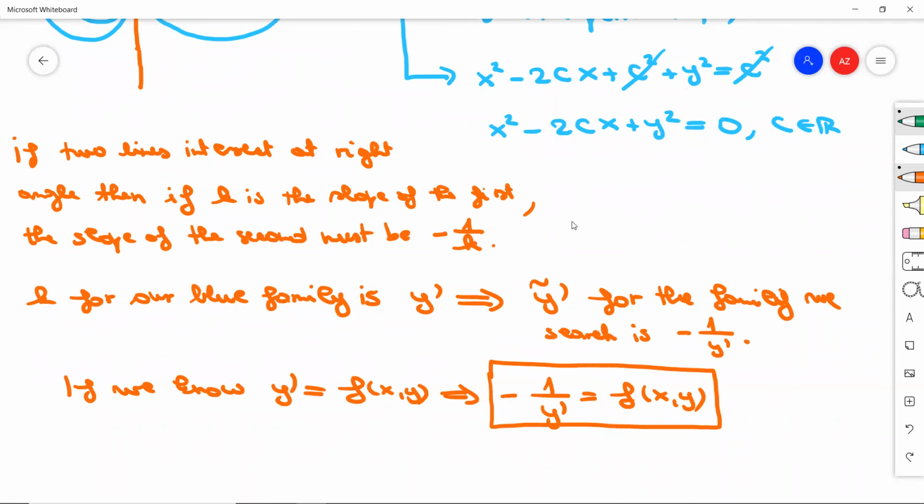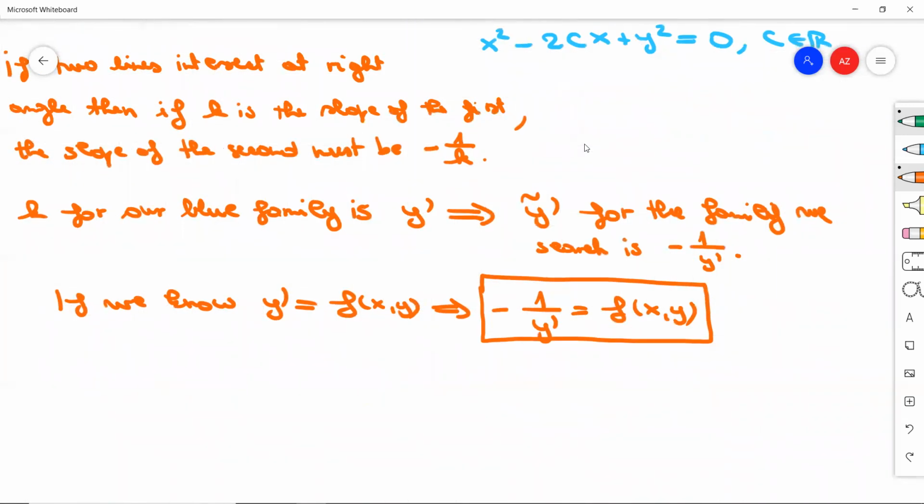And if we solve this differential equation, we get a perpendicular family of curves. So what we have to do is to write this y prime as a function of x and y. But our family is given here. So from this family, we should somehow get rid of c, and there should appear the derivative of y with respect to x.